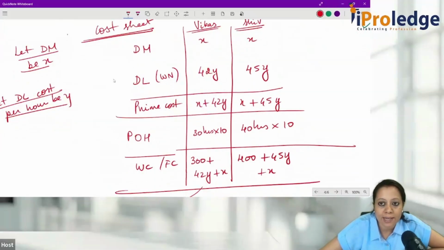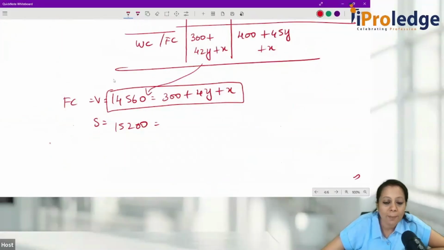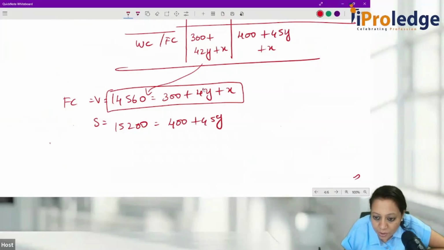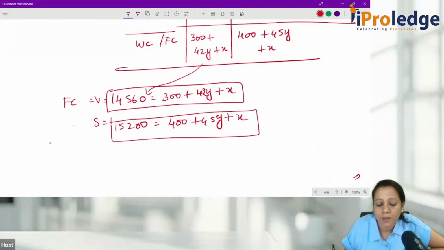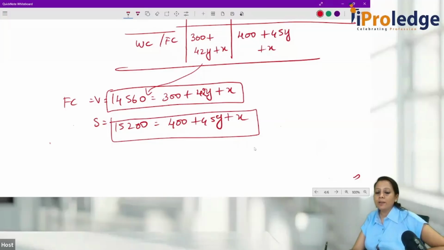Factory cost we ascertained in terms of X and Y, but the amount is already given to us. Now for Shiv, it is going to be 400 plus 45Y plus X. So two equations we got. Now we will substitute or do simultaneous equations, whatever we want.